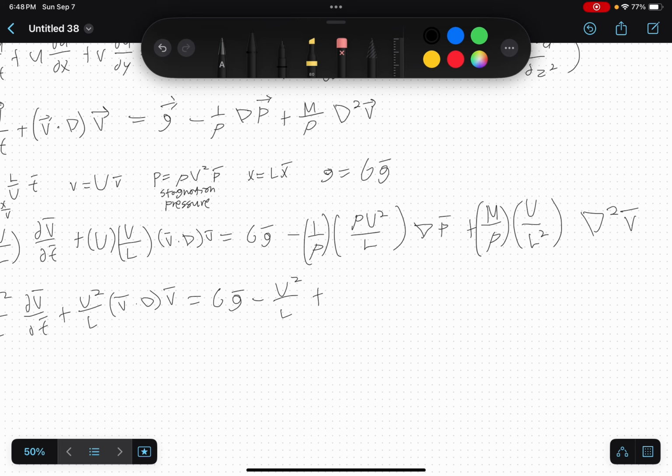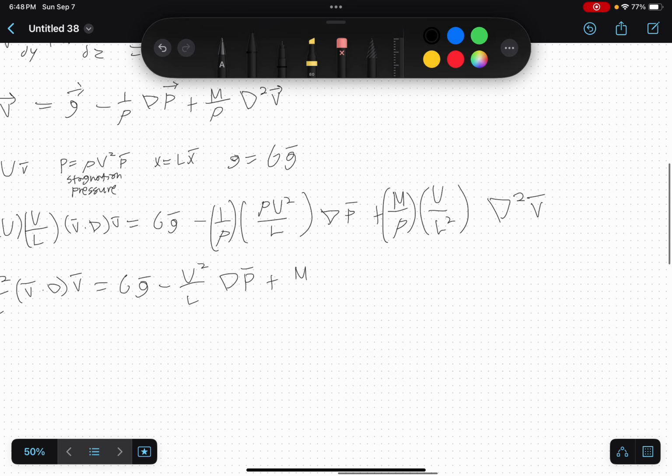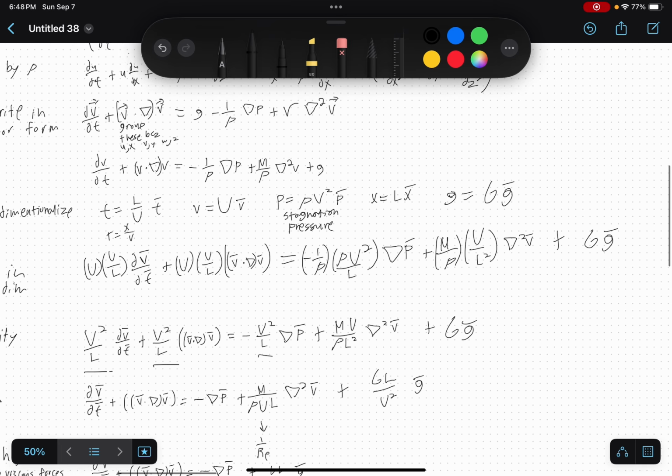Those densities cancel out. Oh, forgot to write pressure. Is that right?